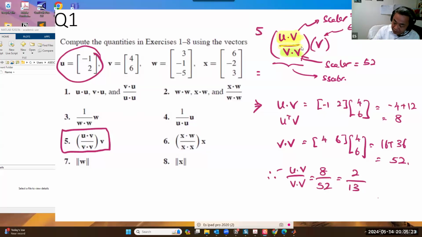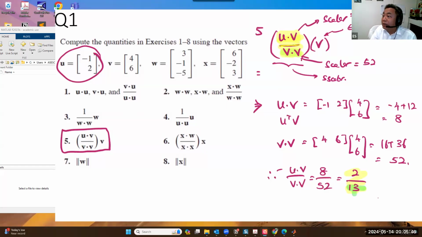So this yellow is this guy, 2 on top, 13 below. So I should shade this as green. So it's 2 over 13. Now multiply by... Hazel, did I make a mistake? 2 over 13. Correct, huh?